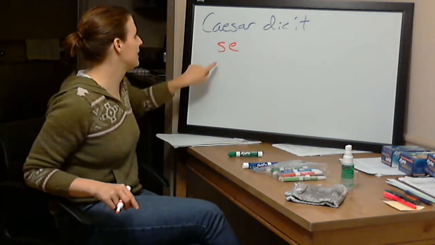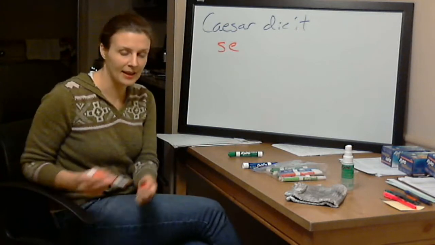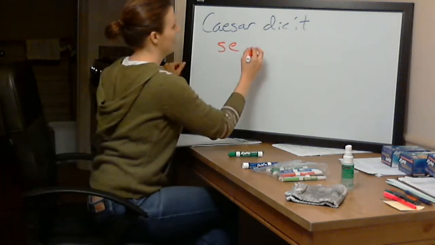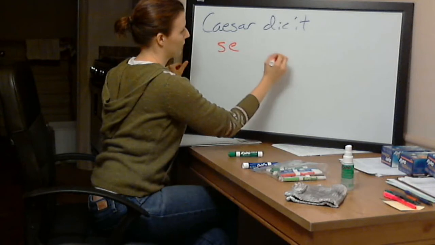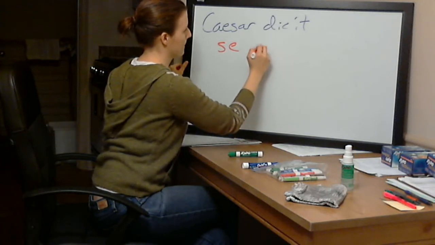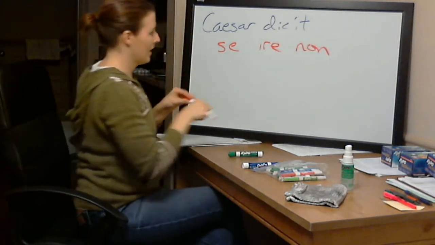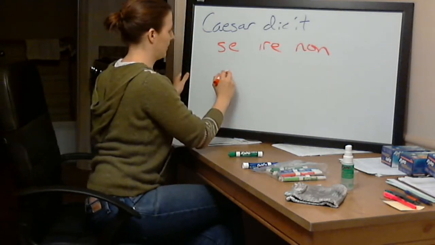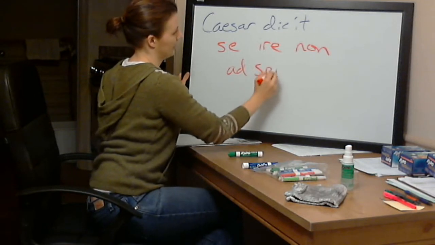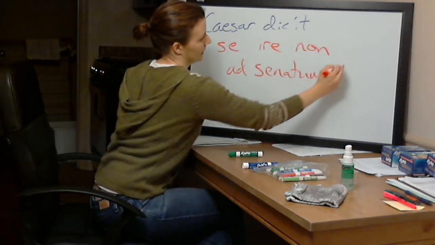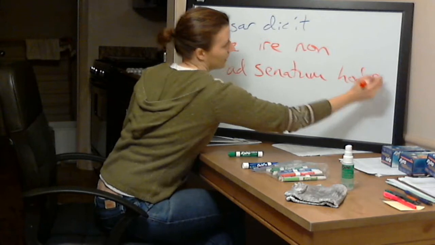So since we said Caesar said that he, we need to use the reflexive pronoun se, that he is not going. So our verb for to go is ire. Since we're saying he's not, we're going to have to throw in a non. And then he is not going to the Senate, senatum hodie, today.